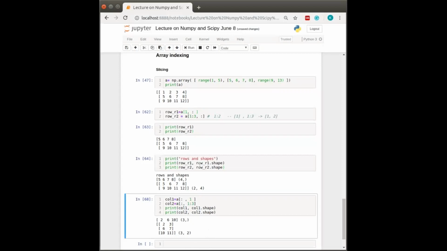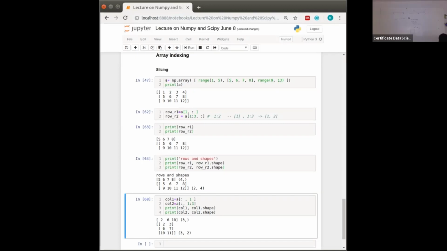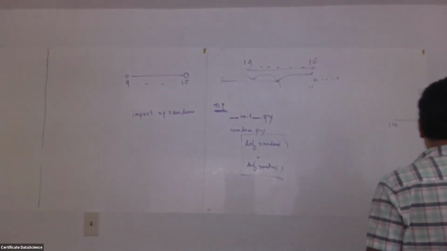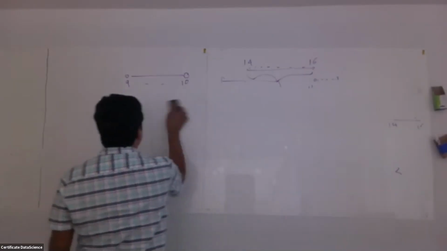Yeah, I did not understand why 1 colon 3 denotes the first and second column. Ah, I see. So 3 is exclusive? It means first to third? Yes. That's a good question.